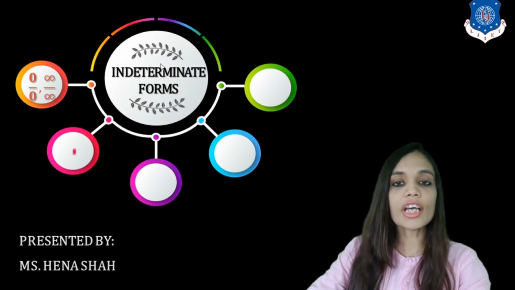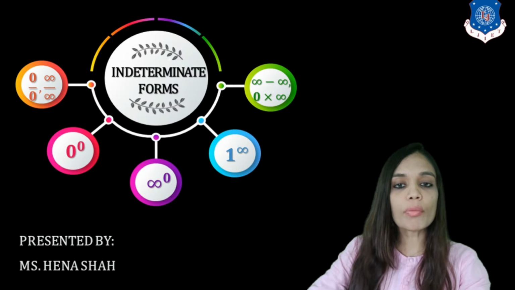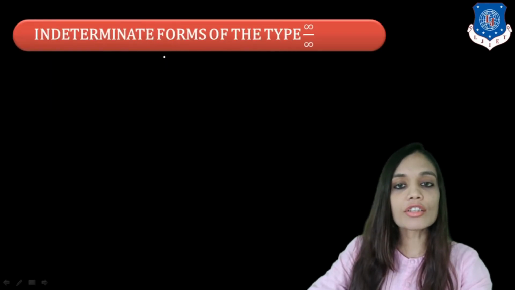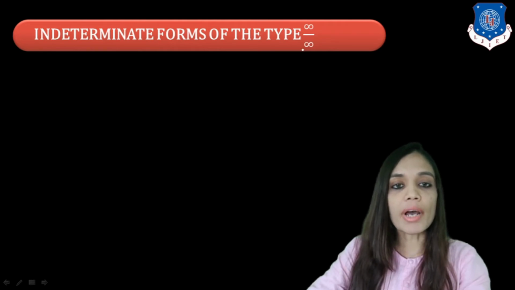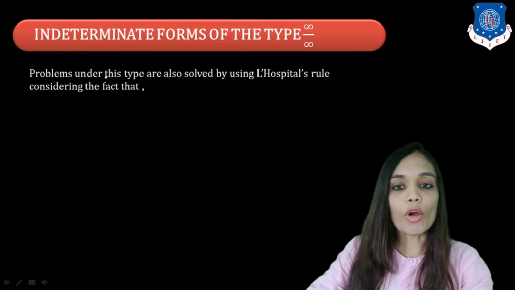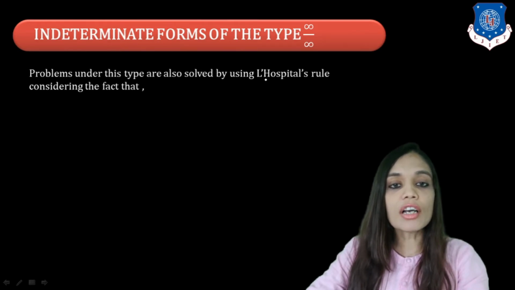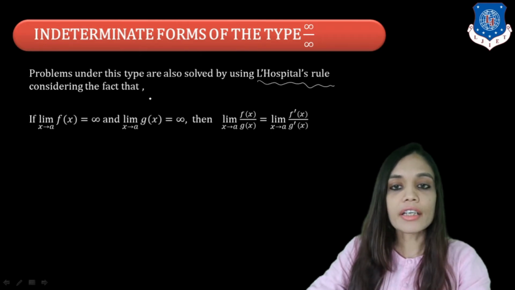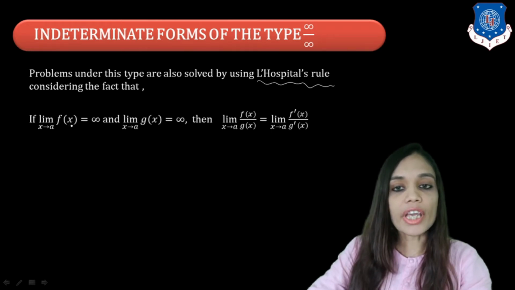So today we are going to discuss a few more topics of indeterminate forms. So let us discuss the topic indeterminate forms of the type infinity by infinity. Problems under this type are also solved by using our L'Hopital's rule, considering the fact that limit x tends to a f of x is equal to infinite and limit x tends to a g of x is equal to infinite.